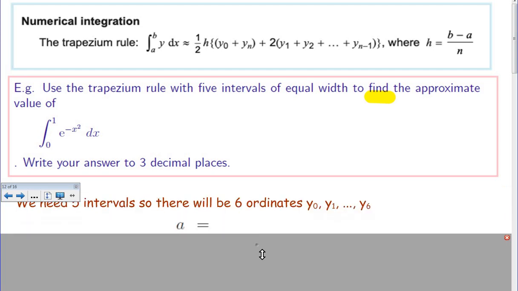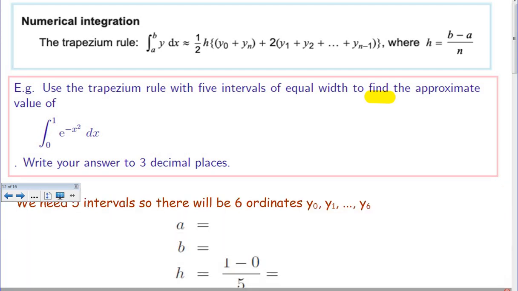Okay, so let's write down our key bits of information just to make sure we know what's going on. So we're going from a is 0 to b is 1, and our widths are going to be b minus a over n, which is 5. So that gives us 0.2. So I've worked out the values of the different letters that we need to use in our formula.